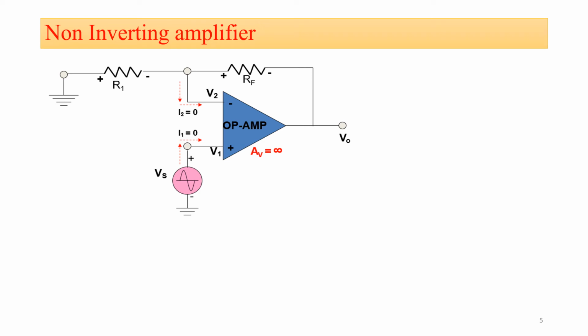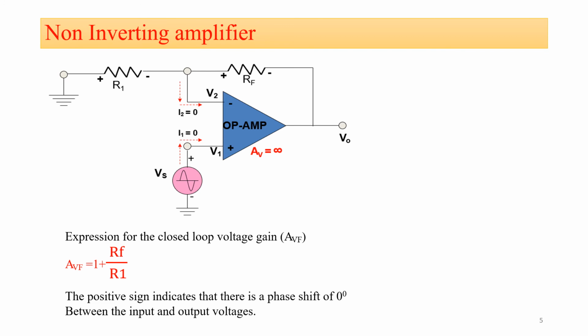And in this circuit also, Rf is the feedback resistor, R1 is the input resistor, and when you apply KCL at the inverting input terminal, you will get the closed loop voltage gain for the non-inverting amplifier, which is equal to 1 plus Rf by R1.